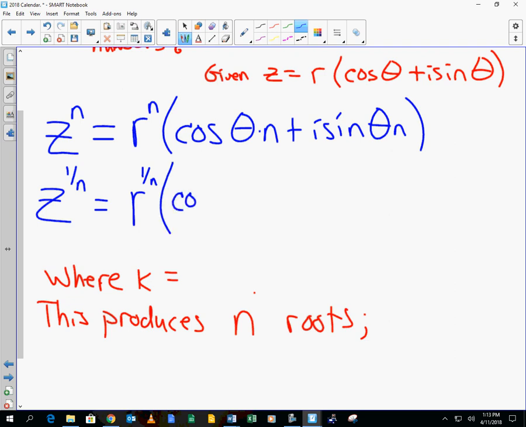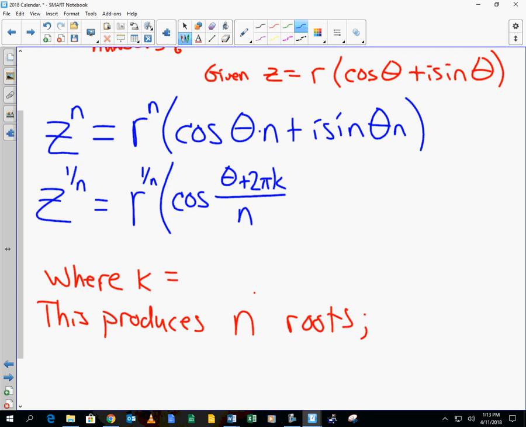Good, times cosine of... Close. This is where it falls apart a little bit on us. You have the theta, you have the divided by n, but we have something else up here. It's plus 2 pi k. And I wish that I could give you a really good reason of why that is.